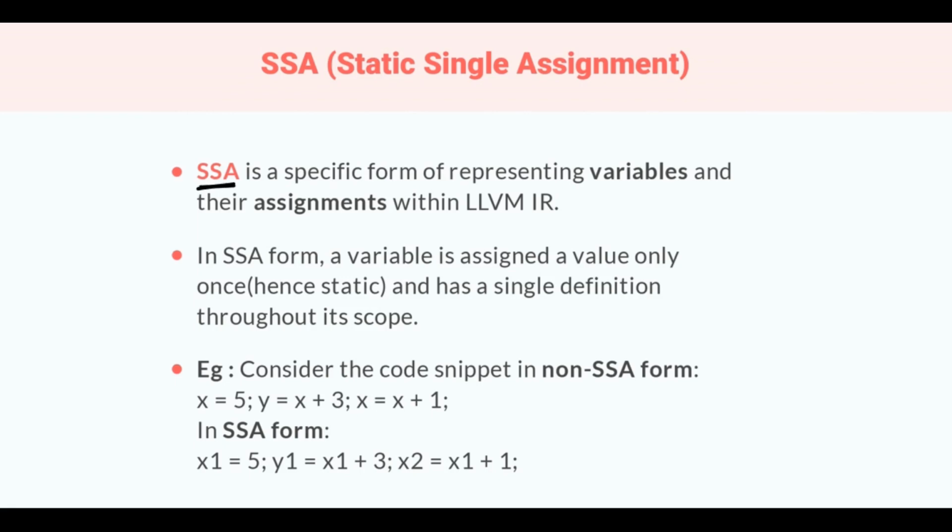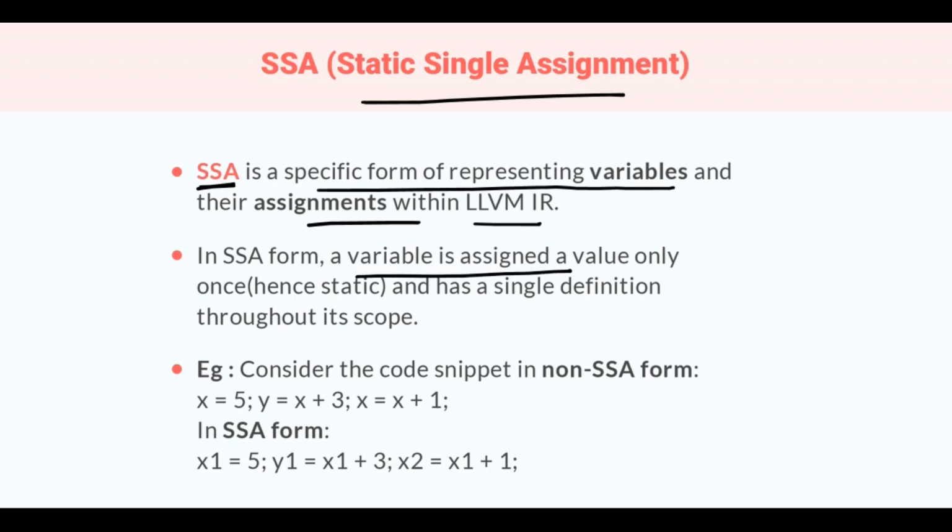SSA is nothing but static single assignment. SSA is a specific form of representing variables and their assignments in LLVM IR. What does it mean? In SSA form, any variable is assigned a value only once. That's why we are calling it static.